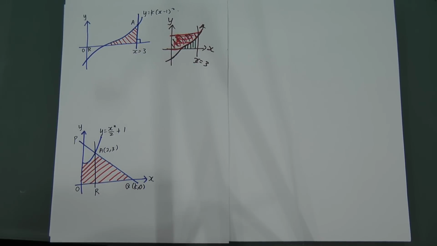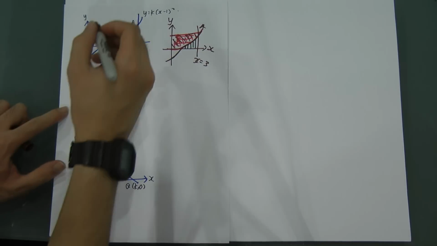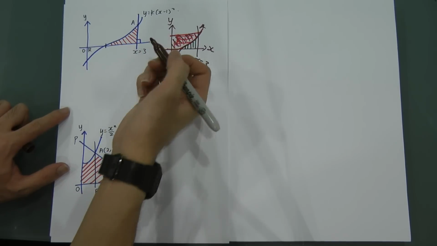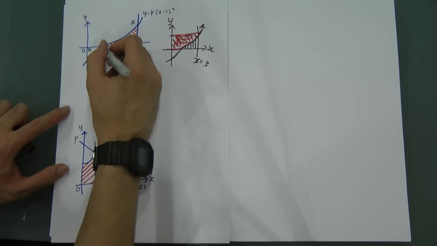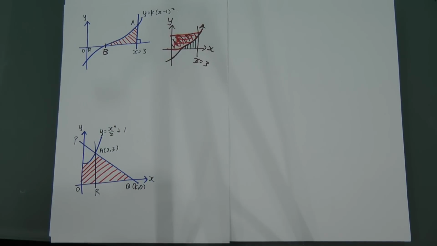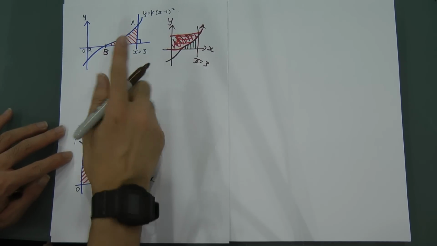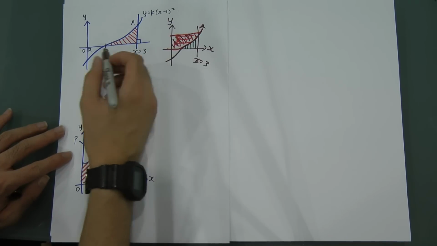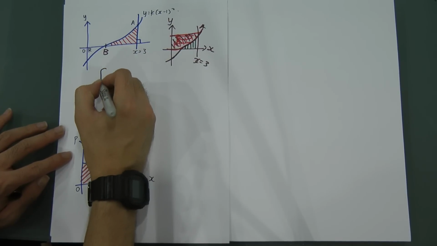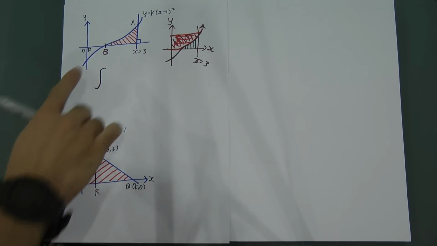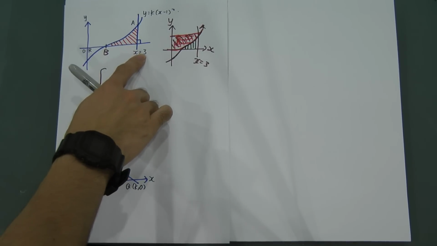So when you integrate on the x axis, let's give this point a name. Let's say we give this point as B. Now you have to integrate here on the x axis, correct or not? First I write the integral symbol, and then from the smaller to the bigger value.